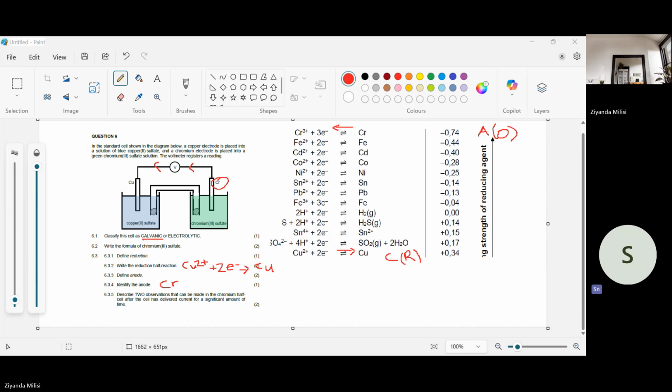Can you please repeat the question? Describe 2 observations after some time. What will be observed in the chromium half cell? What is going to be observed on the chromium side? Remember, the electrons are moving. What will happen?